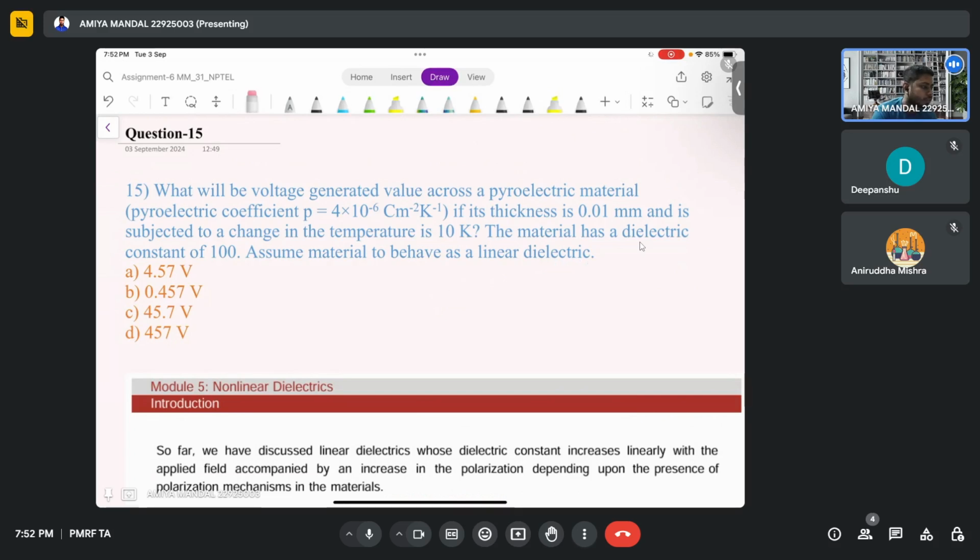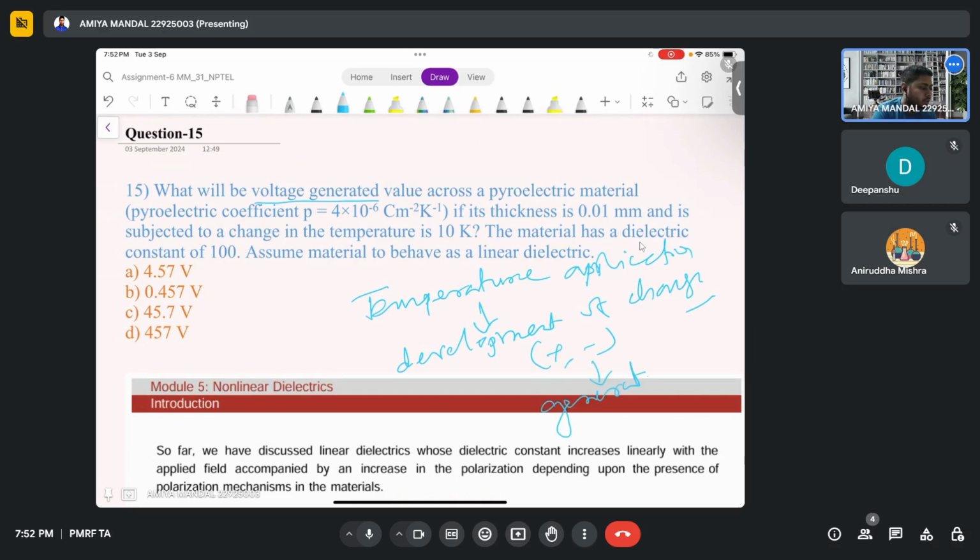We apply temperature, and there is development of charge. This charge development, plus and minus, generates voltage.